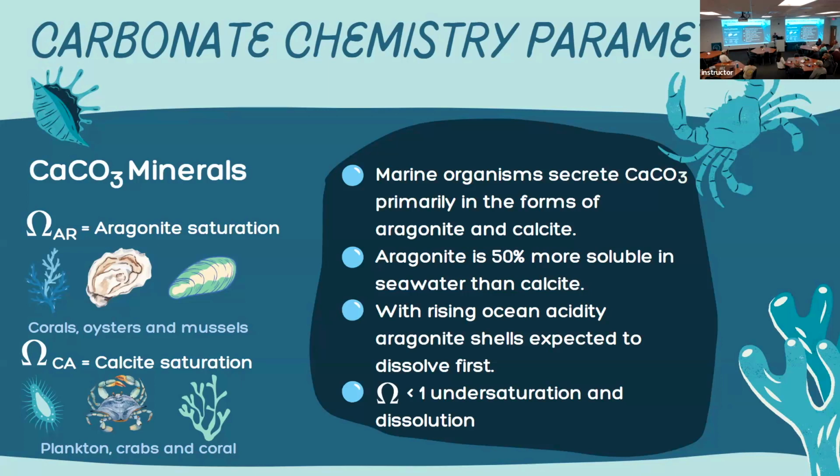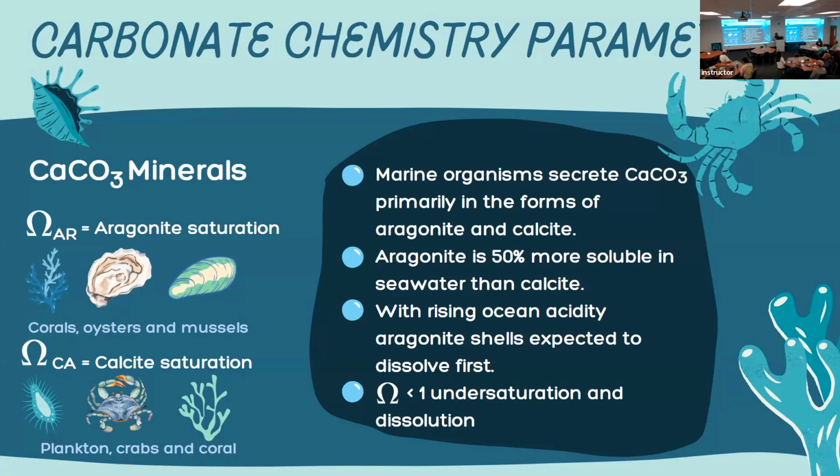So we'll see that dissolving of those shells because they don't have enough carbonate to make those shells. However, we actually see that detrimental effects to these organisms can be seen above that saturation state equaling 1. And so Rockstrom et al. actually in 2009 set a boundary of anything less than 2.75, we can see detrimental effects to organisms.